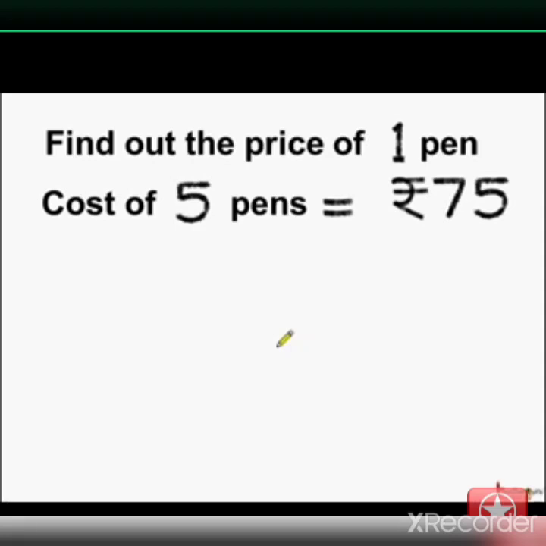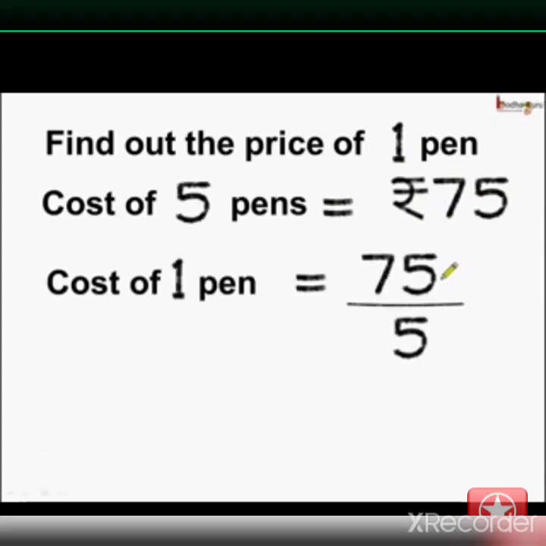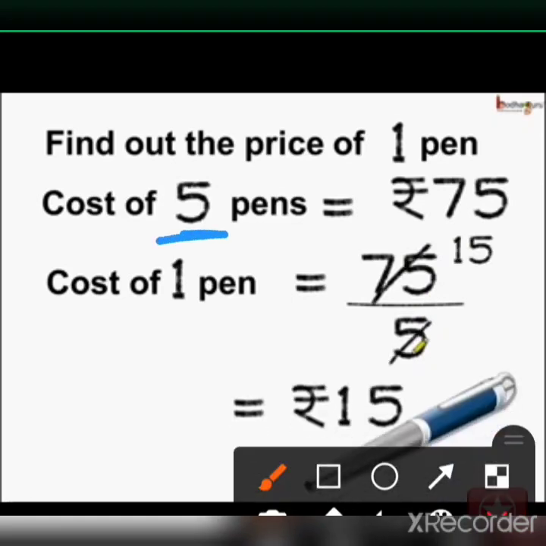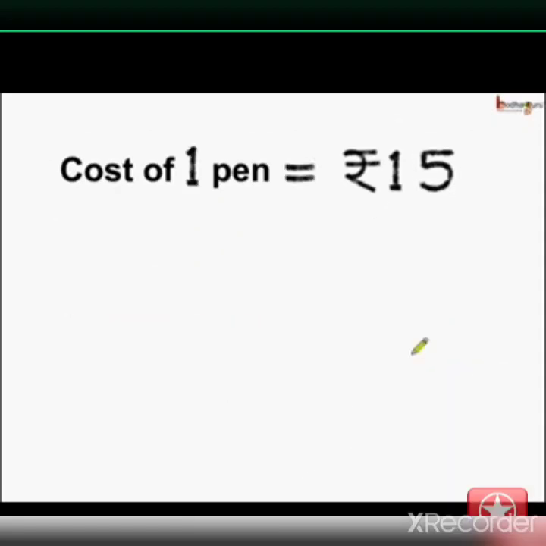How can we find the cost of 1 pen? The cost of 5 pens is equal to 75, we know. So the cost of 1 pen is equal to 75 divided by 5, and we get rupees 15. It means the cost of 1 pen is 15 rupees.